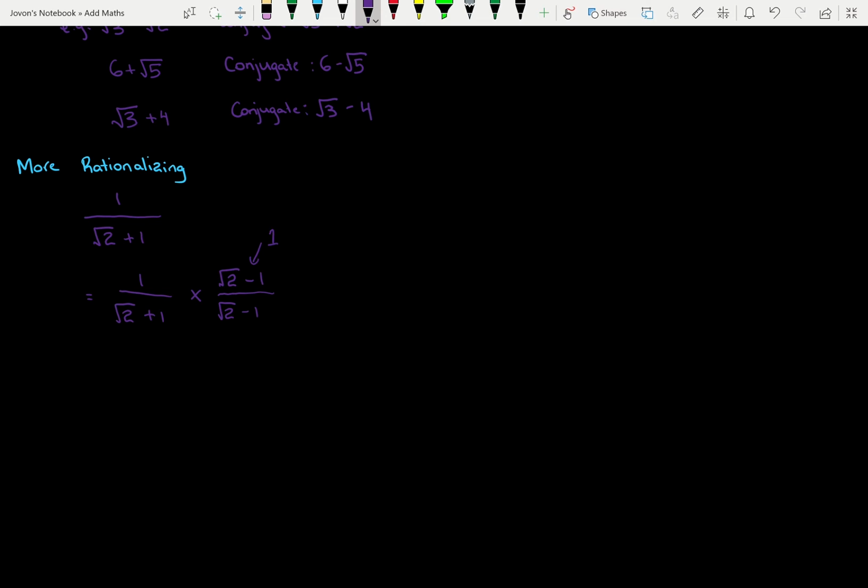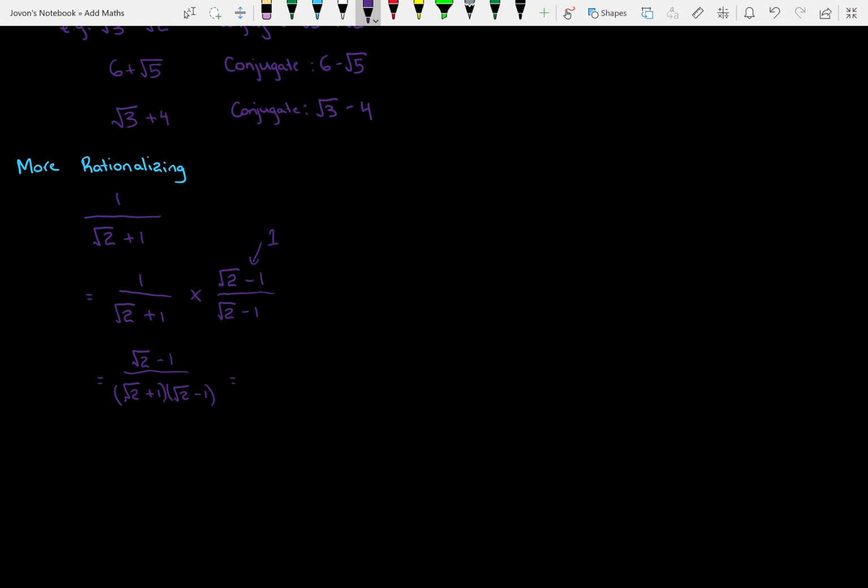Okay, we need to multiply both the numerator and the denominator by the conjugate. So expanding, okay, we end up with root 2 minus 1 all over root 2 plus 1 times root 2 minus 1.